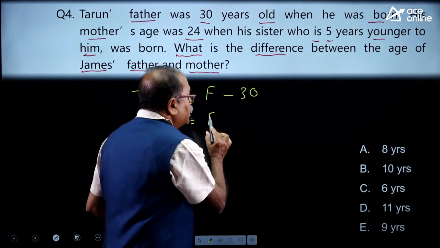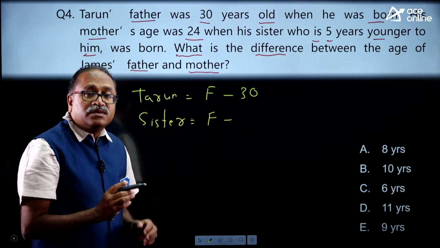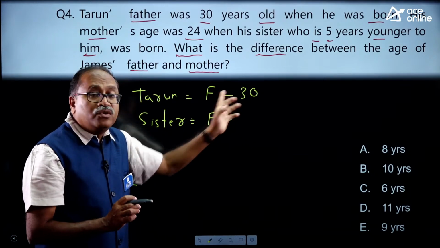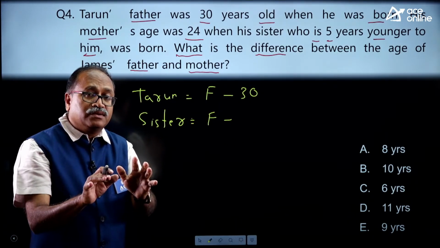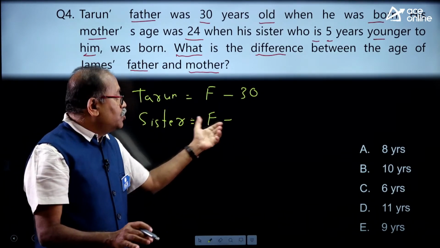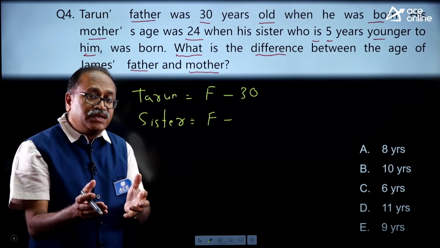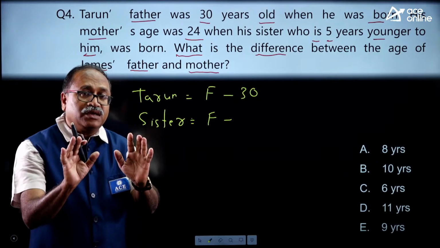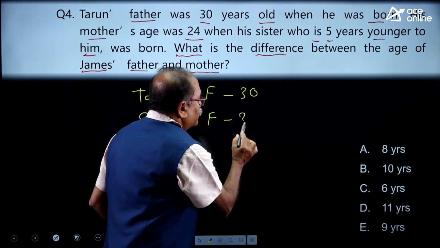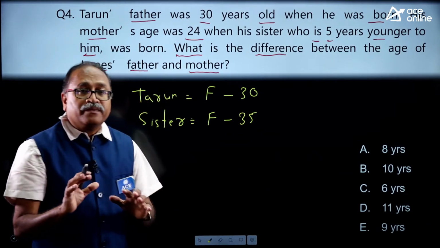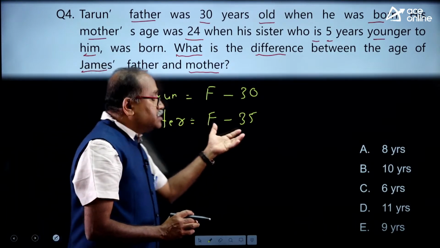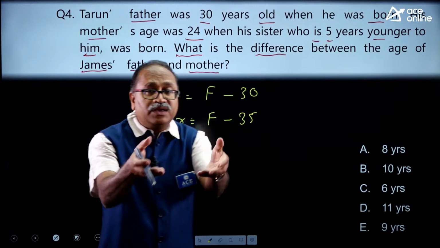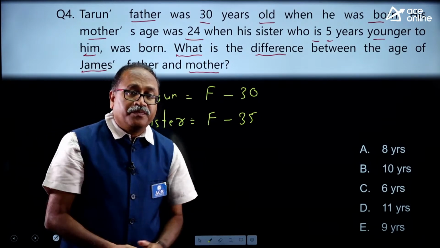The sister is younger to Tarun by 5 years. Therefore, the larger number has to be subtracted from father's age. How much? 5 more than 30, 35. Father minus 35 is the sister's age.